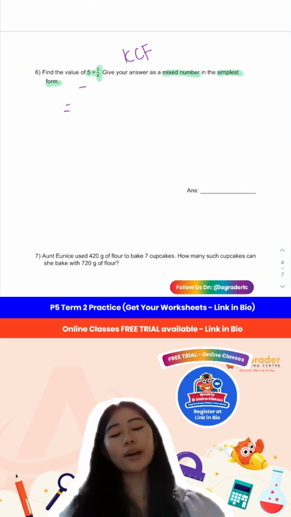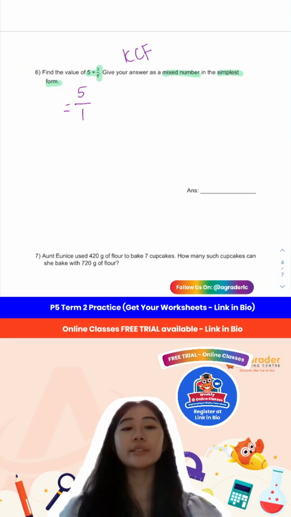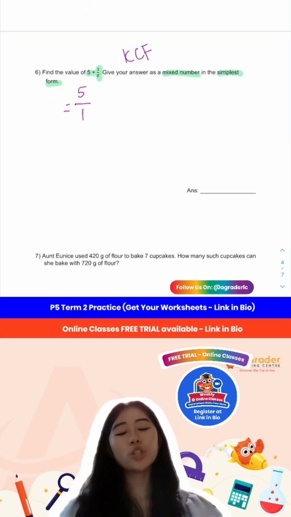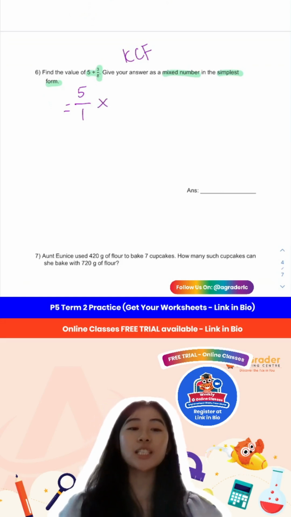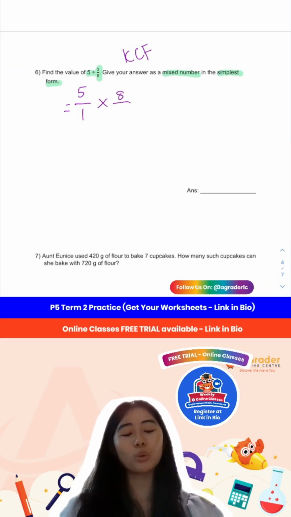So that means that 5, you're going to keep it the same as 5 whole, 5 over 1. And then change refers to change your division sign into a times, a multiplication sign. And then flip refers to you flip the fraction, right? 3 over 8, if you flip it, it becomes 8 over 3.